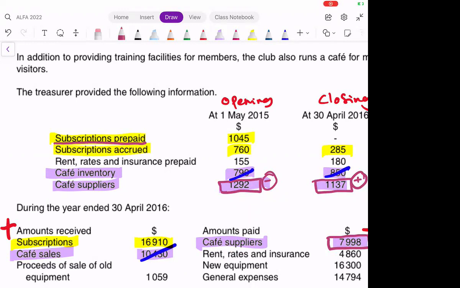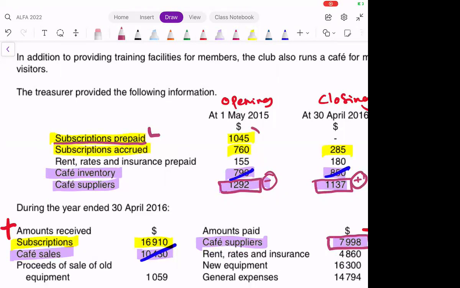I over received, I keep extra, so I owe the guy. If I owe that guy, it's my asset or liability? If I owe the guy, it's my liability. Understand now? Subscription prepaid is liability.